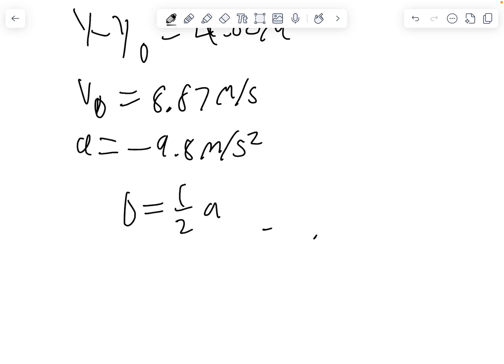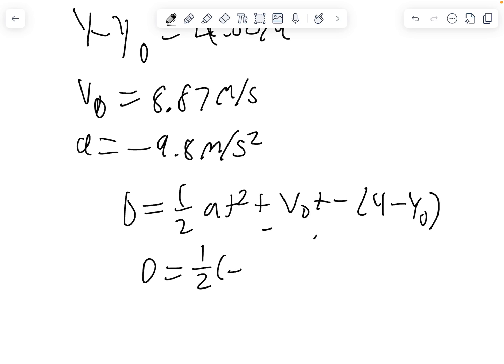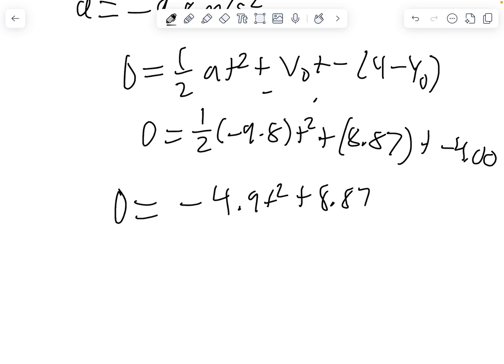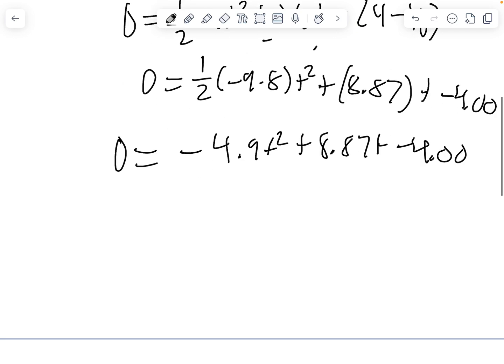So that's going to be this pretty much. Okay, now we substitute all the values. And with that, you're going to get the quadratic equation of negative 4.9t squared plus 8.87t minus 4.00.